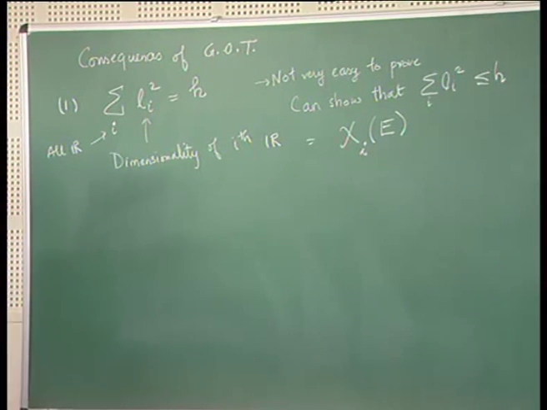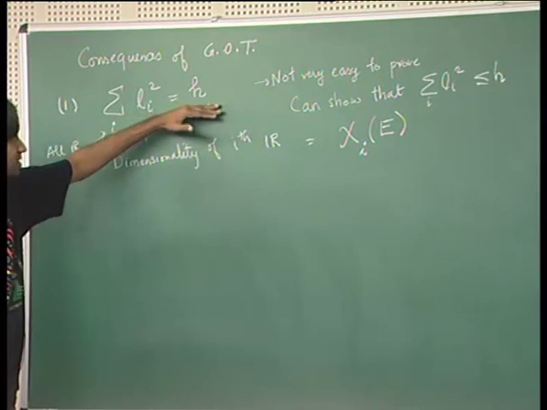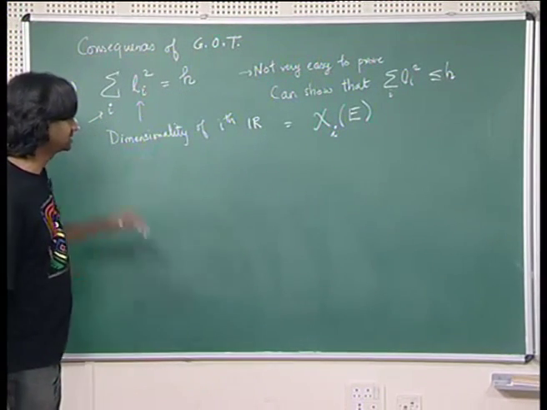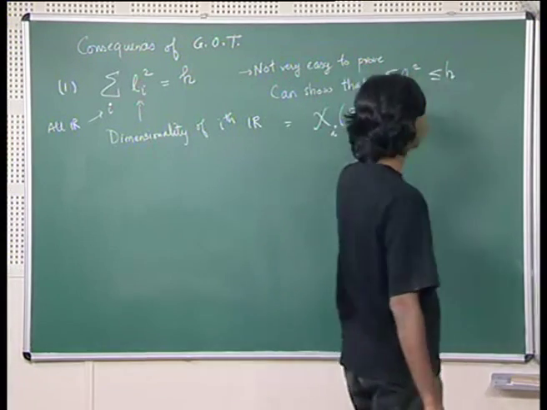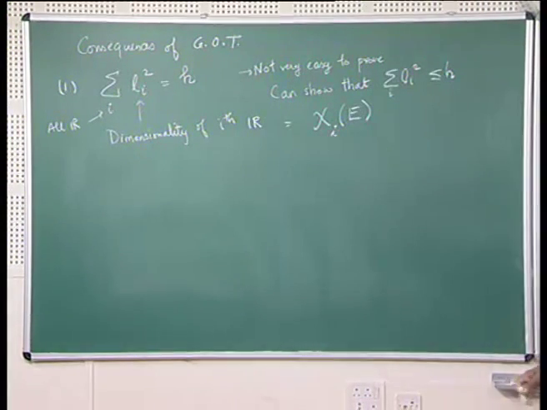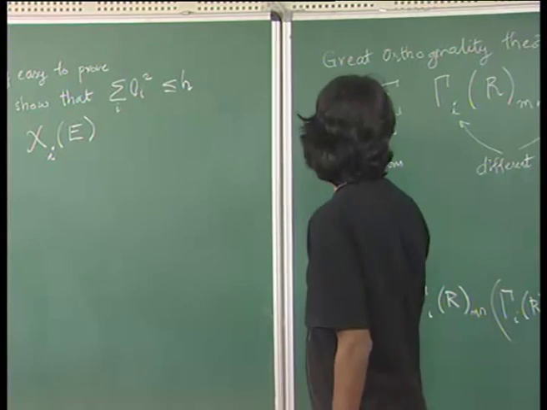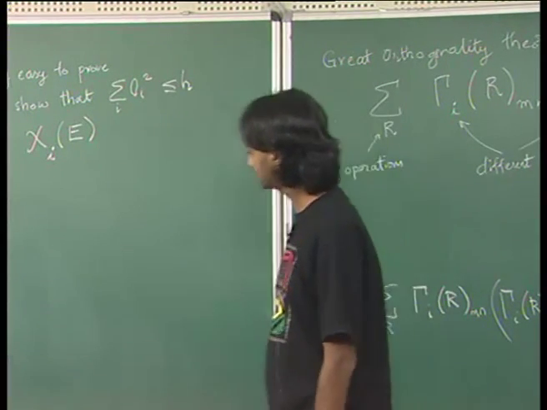So this is one consequence of the great orthogonality theorem, and once again I emphasize that I have not actually shown this. It is relatively easier to show something like this, but the other part is not as easy to show.